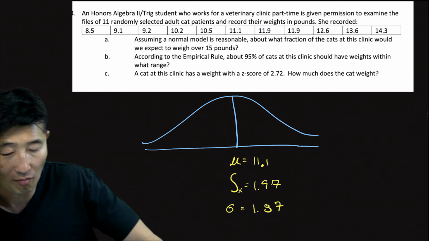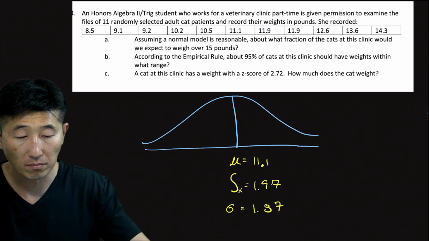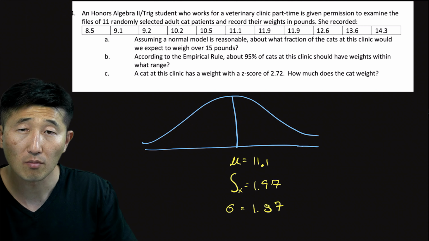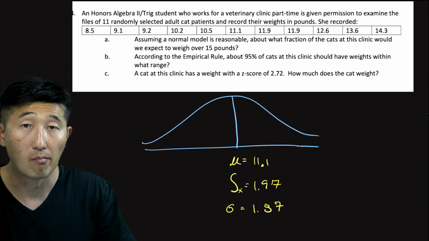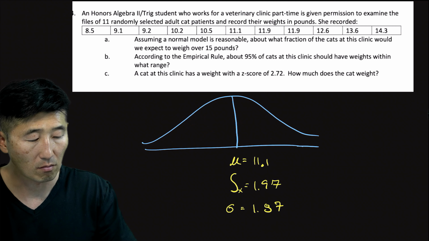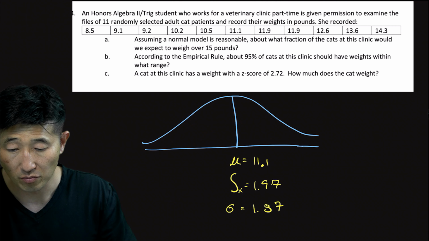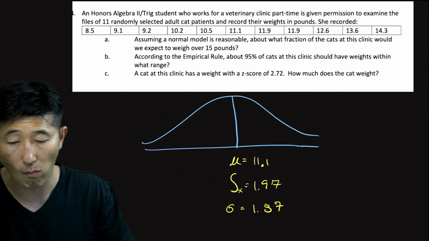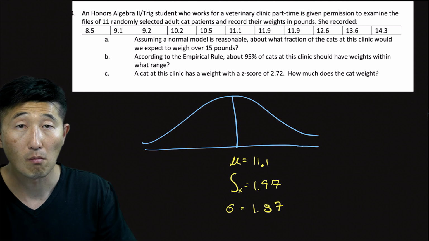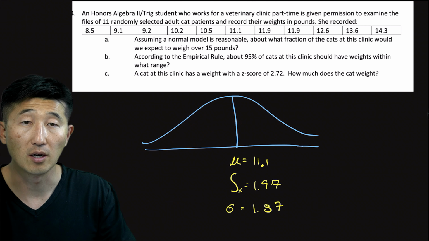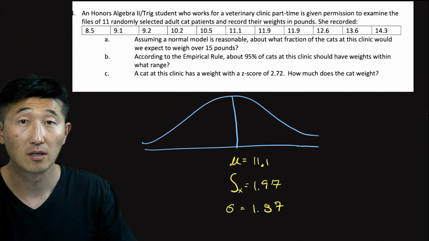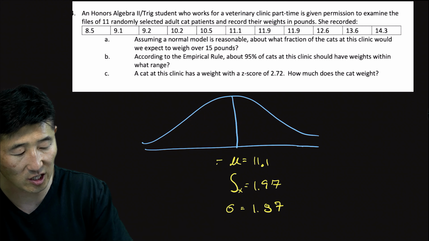Oops, I keep doing that. Is it median or mean? Mean. It should maybe have an X bar.